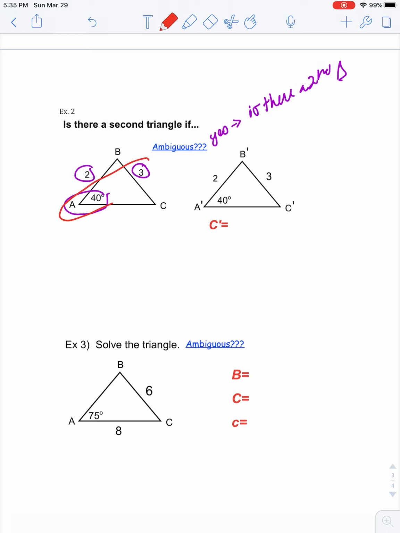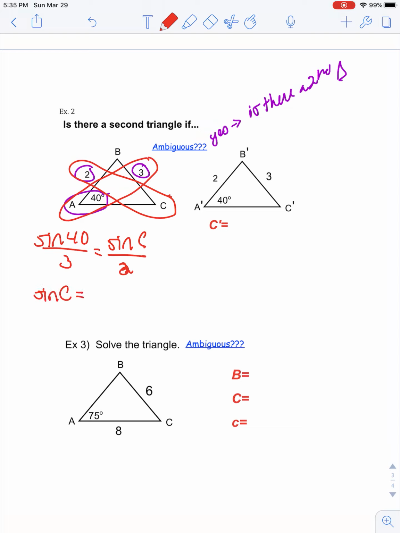If I write my first ratio, sine of 40 over 3, and then write a second ratio, sine of C over 2, the sine of C would be equal to the sine of 40 times 2 divided by 3.